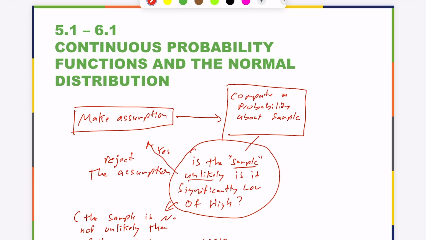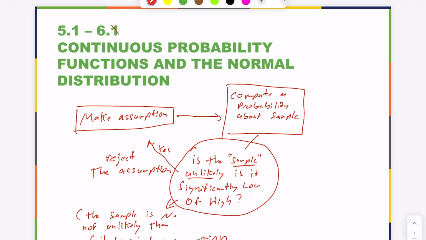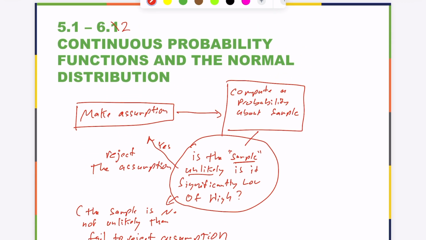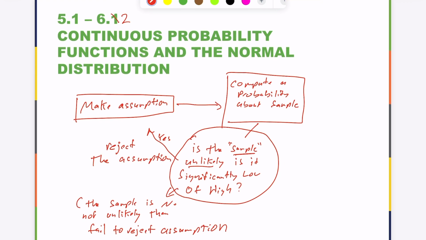Okay, well, with that, let's go ahead and jump into Chapter 5 and 6, and we pretty much cover 6.2 in this slide deck. All right, so I'd like to see all this written out. You'll probably be writing this out a few times. The hope is that when we get to hypothesis testing, you'll already have an idea of this framework, and you'll really be able to get it down.